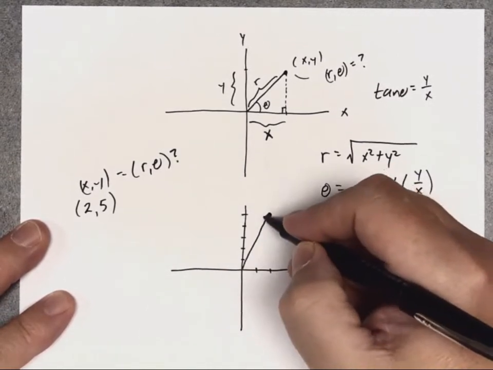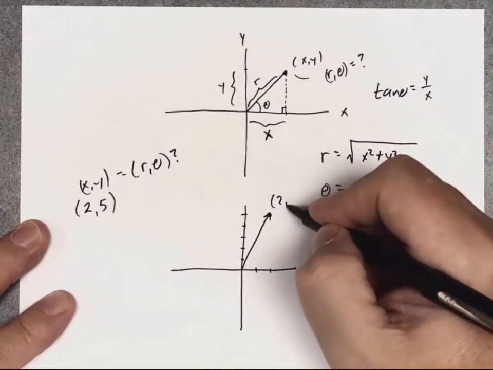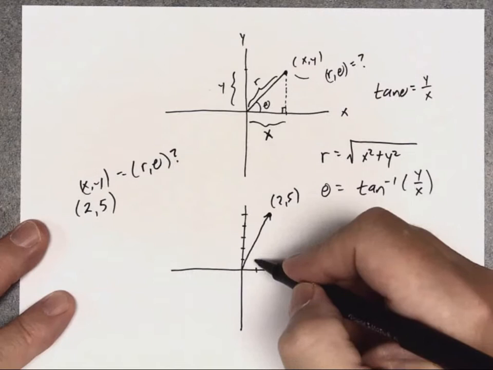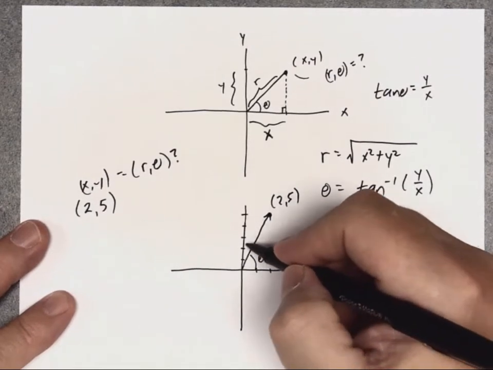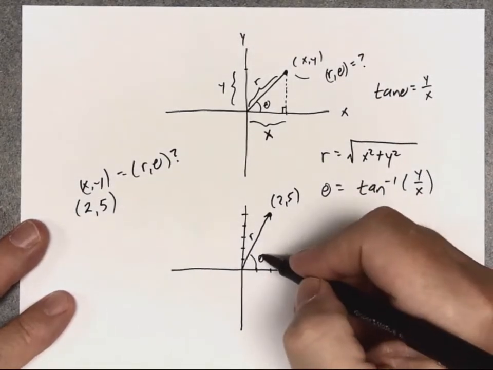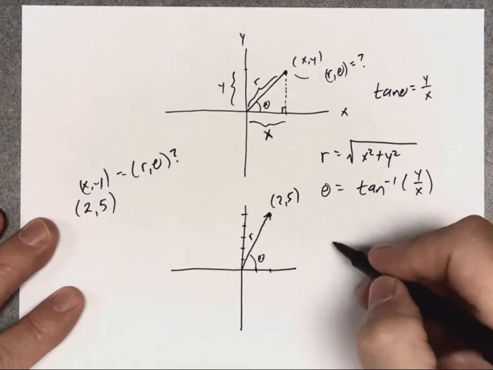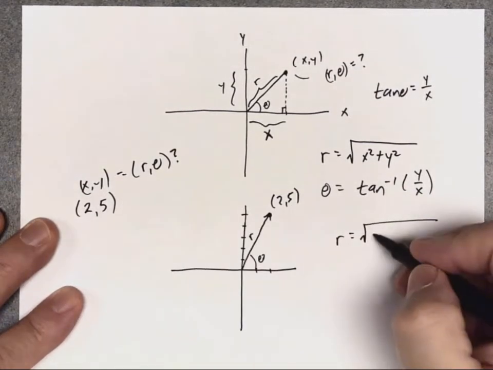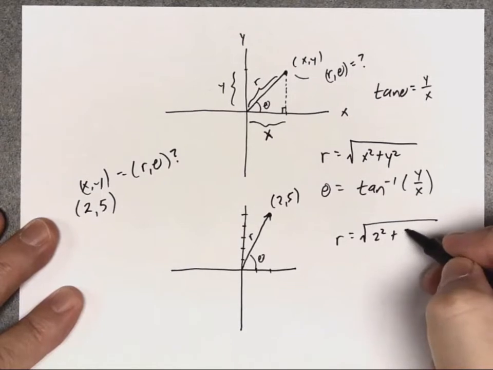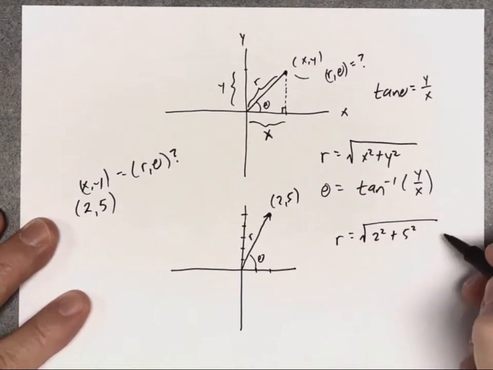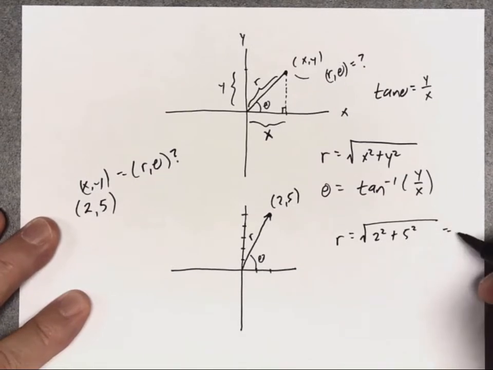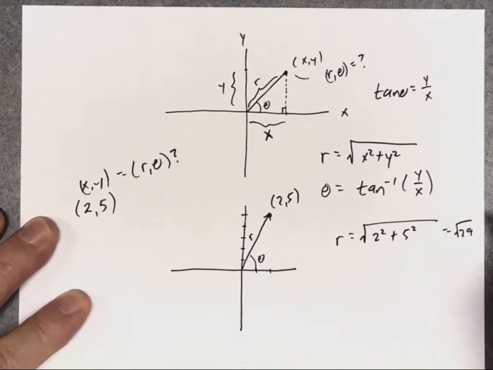So there's 2, 5. So now I'm saying, what would it be in terms of r and theta? Well, r, the x squared, 2 squared, plus the y squared, looks like 4 plus 25, square root of 29.